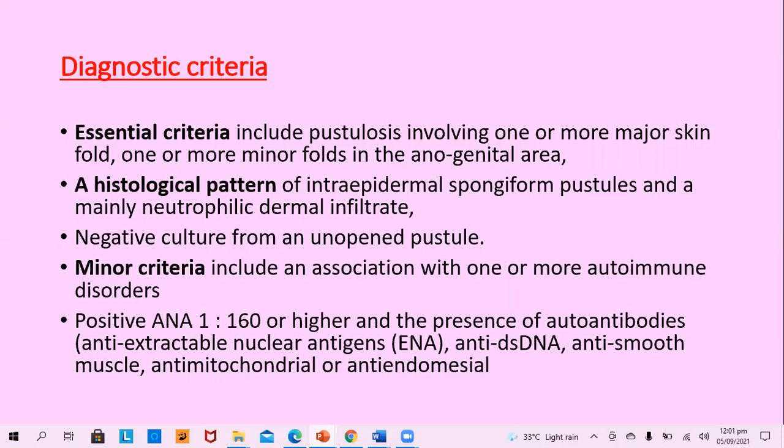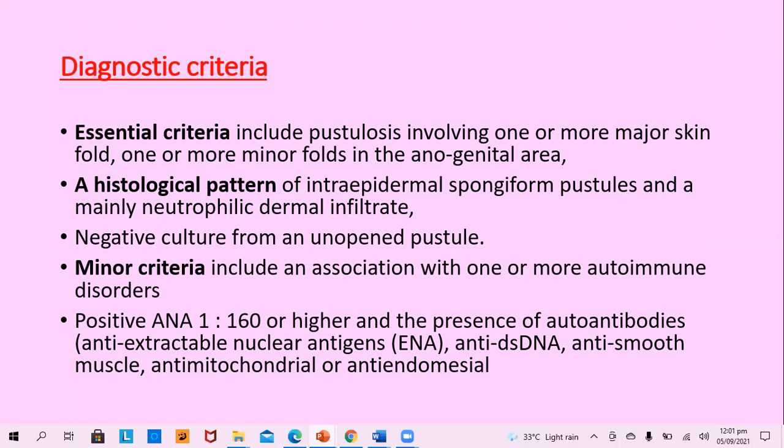The minor criteria include association with one or more autoimmune disorders, positive antinuclear antibody at 1 in 160 titer or higher, and presence of antibodies to extractable nuclear antigens, anti-double stranded DNA, anti-smooth muscle, anti-mitochondrial or anti-endomysial antibodies must be present.